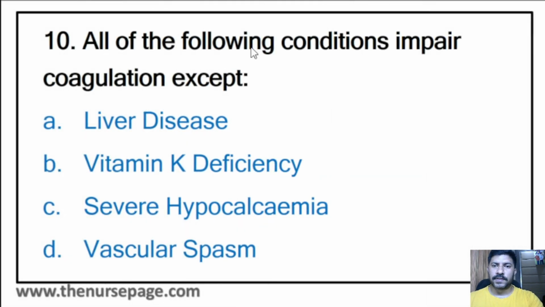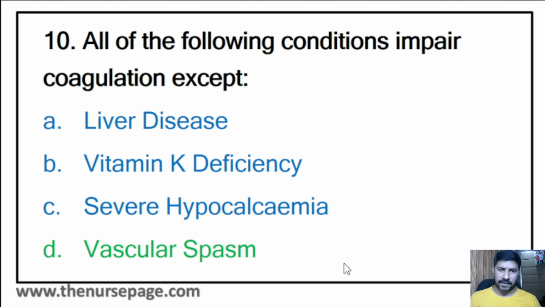Tenth question, all of the following conditions impair coagulation except: liver disease, vitamin K deficiency, severe hypocalcemia, vascular spasm. Correct answer is vascular spasm. Vascular spasm will not lead to coagulation problems.